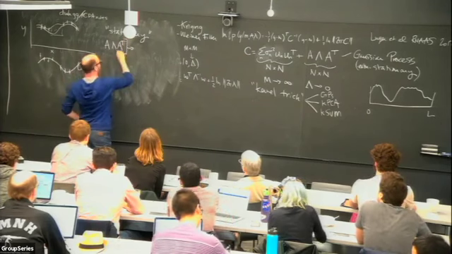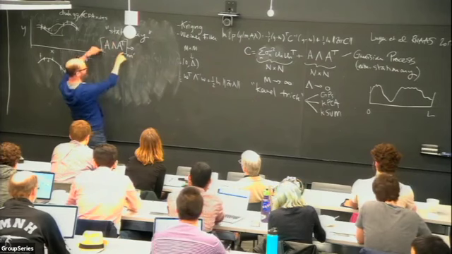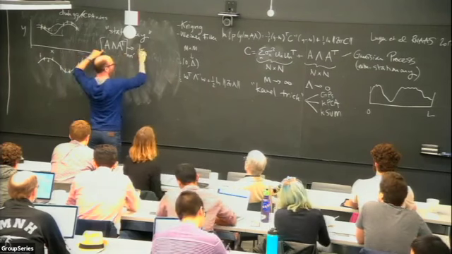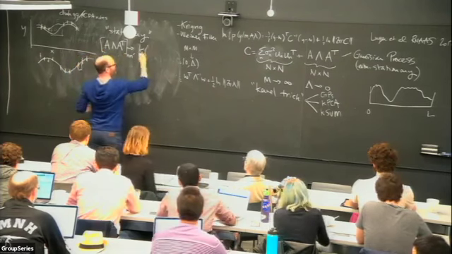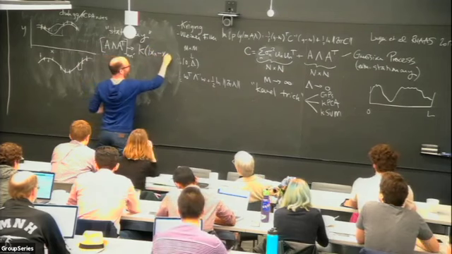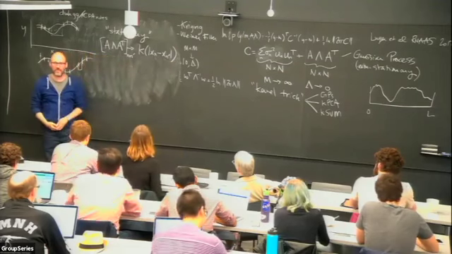I can write the n prime element of this matrix, which is n by n, as just a function of the difference between these two x values.